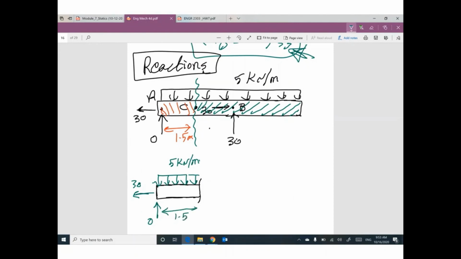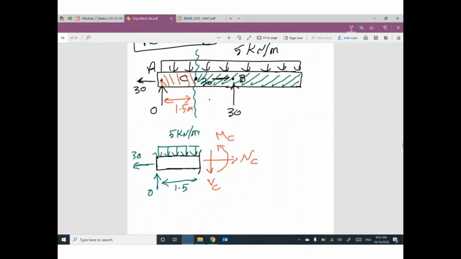At the cut, we have normal, we have shear, and we have moment. Don't forget, we have a little of the uniform load here. We have 5 times 1.5. How much? 7.5, yeah.